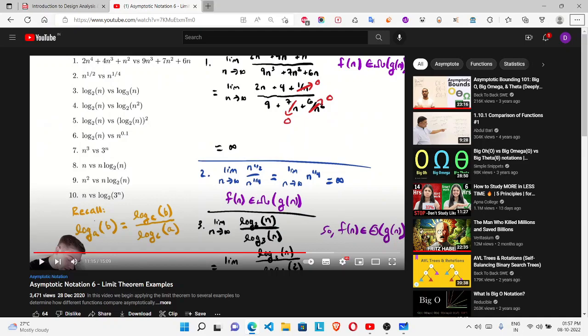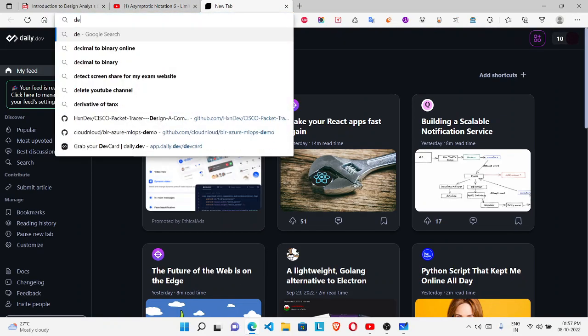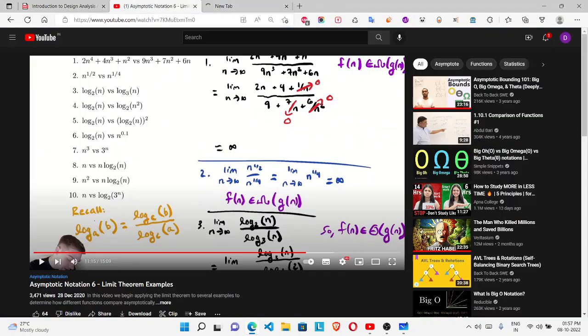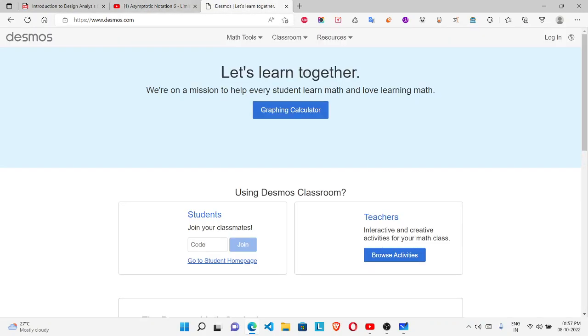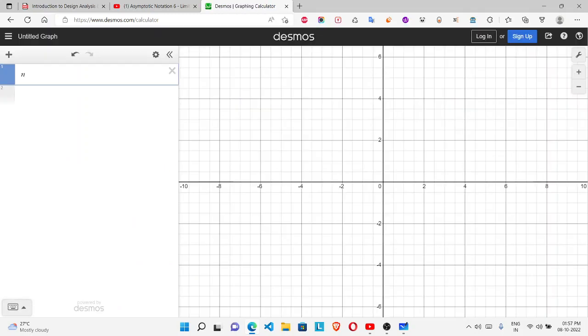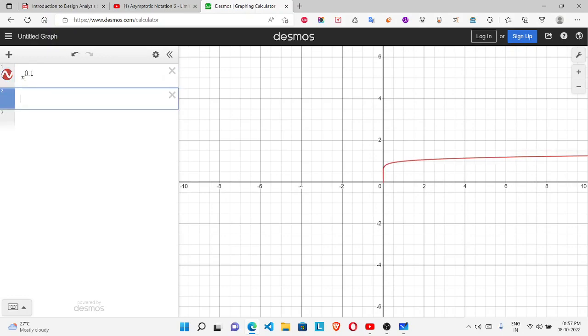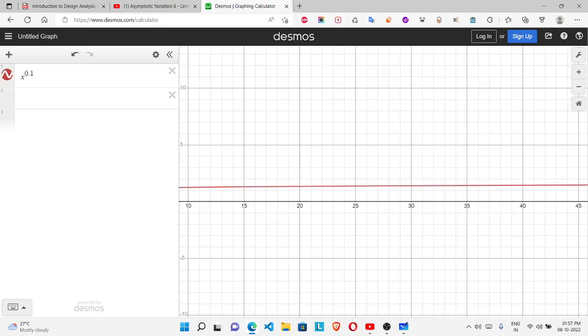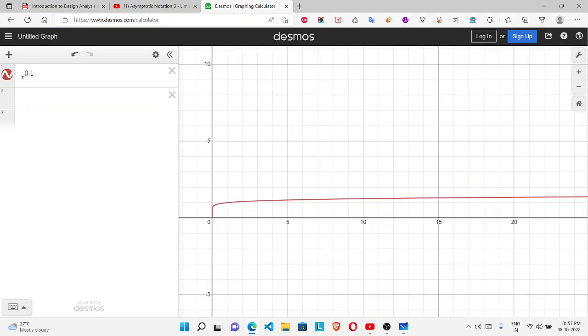But how does the graph look for n raised to 0.1? I'll just check at once. I have no idea how that graph will look. Okay, x raised to 0.1. Oh, okay. I mean, it's still log x.